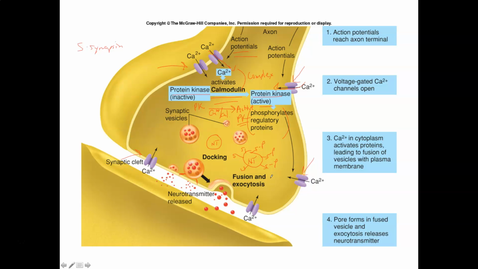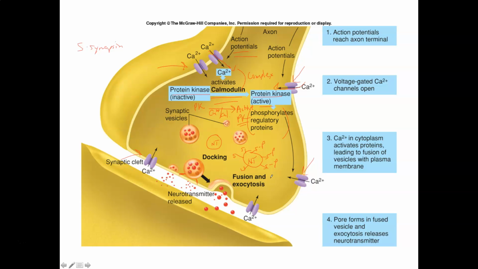So calcium influxes into the axon terminal, activates a sensor protein like calmodulin. That complex turns on protein kinase. Kinases go on to provide energy, and that energy then allows for the exocytosis process to take place.